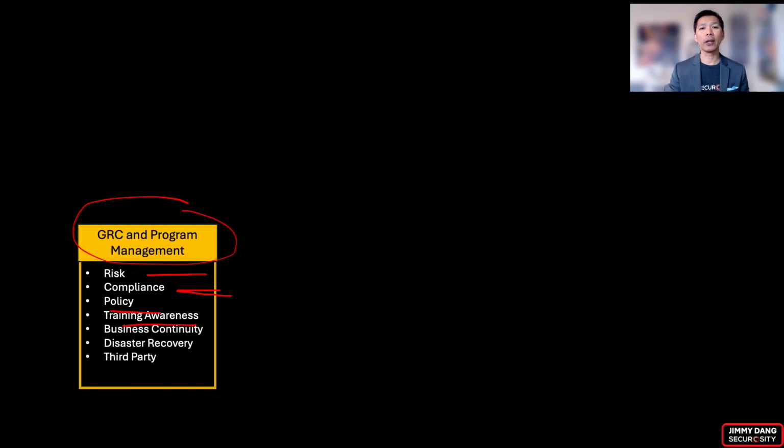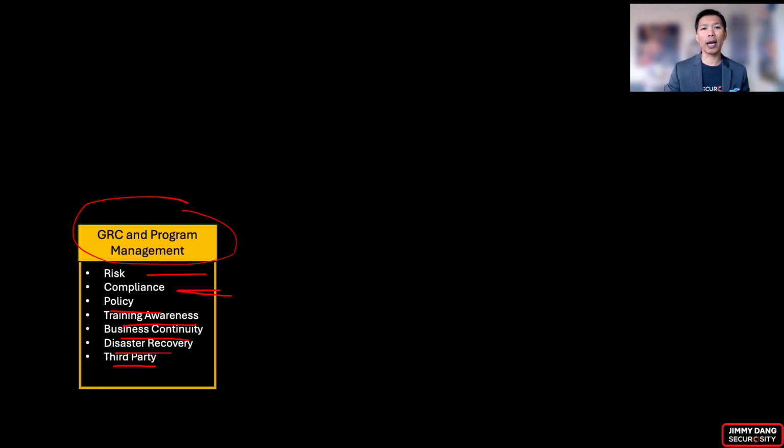Training and awareness, educating employees about security policies, procedures, and best practices to foster a security-conscious culture. Business continuity and disaster recovery, planning and preparing to ensure that critical business functions can continue during and after a disaster. Third party, managing risk associated with third-party vendors and partners to protect the organization from external vulnerabilities.